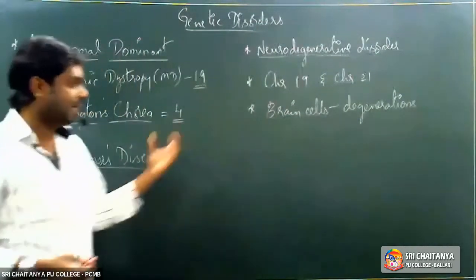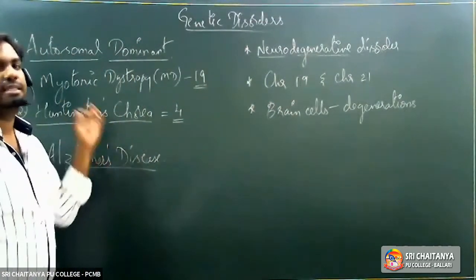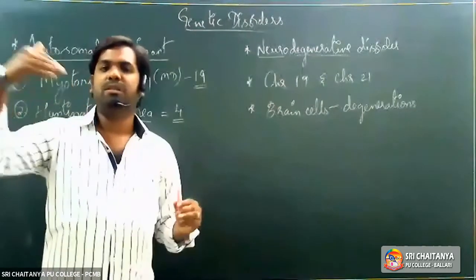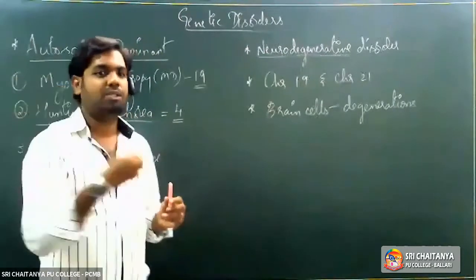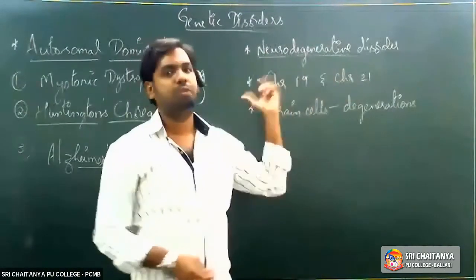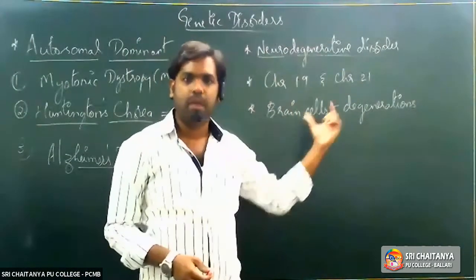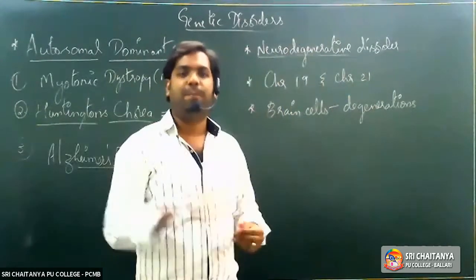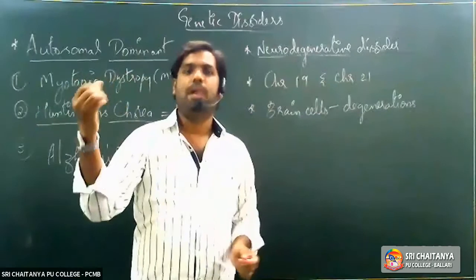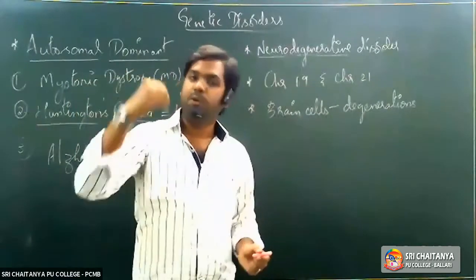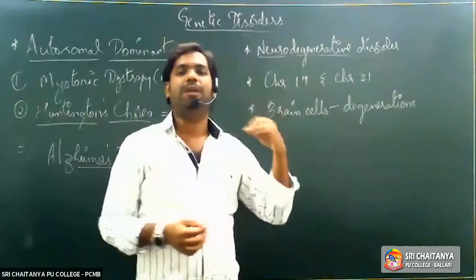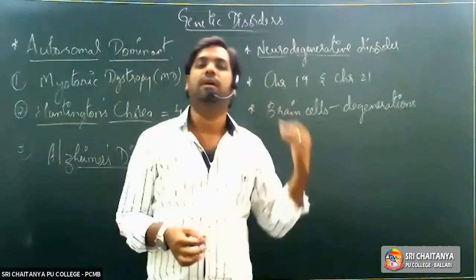Scientists say that Alzheimer's disease is an age-related disorder. As the age of a person keeps increasing, the chances of mutation in these two genes also would be higher. Because of this mutation, the brain cells would be damaged, and over a period of time, due to complete degeneration of brain cells, the person will completely lose his or her memory.